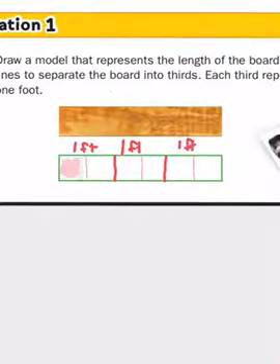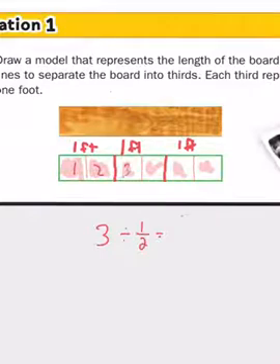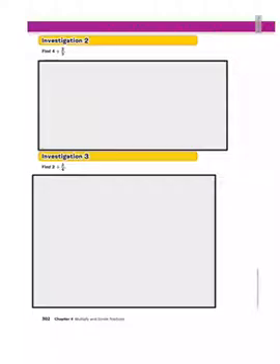This is a 1/2 foot. Here's another 1/2 foot piece. Here's another. So what I ended up doing was I took a 3-foot board and I divided it into 1/2 foot pieces. And if I count my pieces, there are 6 pieces.